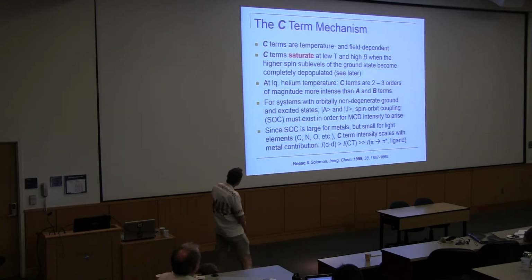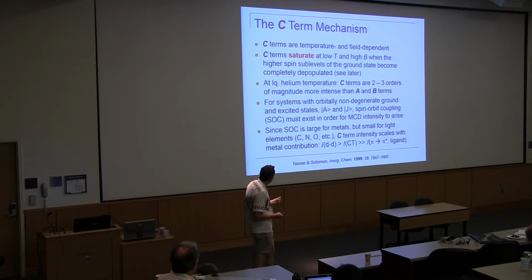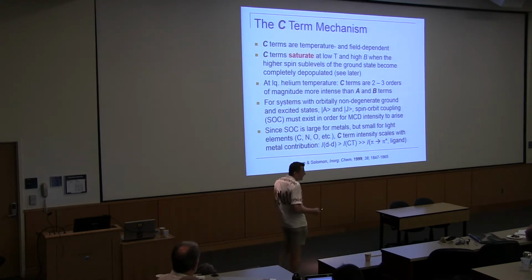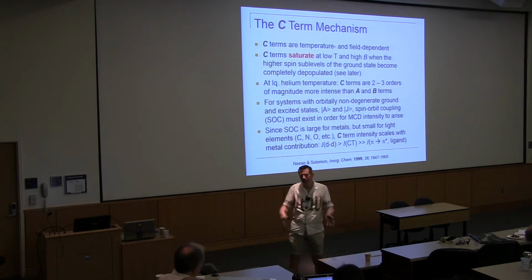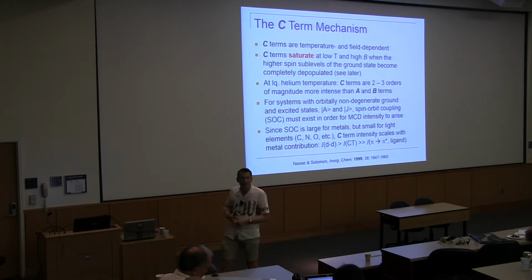Now that also means that in a way our intensity scales with the amount of spin-orbit coupling that we have. So if you have, for example, a metal-based transition like a d-d transition, that will usually be intense in MCD, because the metals have much larger spin-orbit coupling constants than something like carbon or nitrogen or hydrogen, what our ligands are oftentimes made of, right?